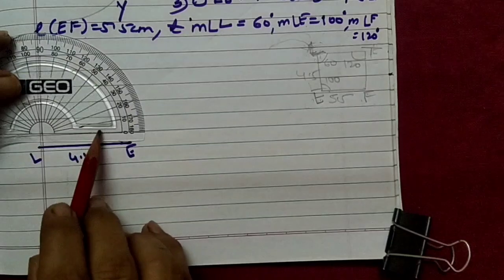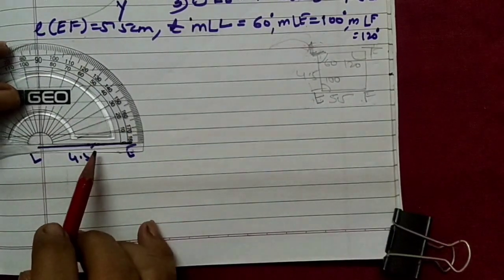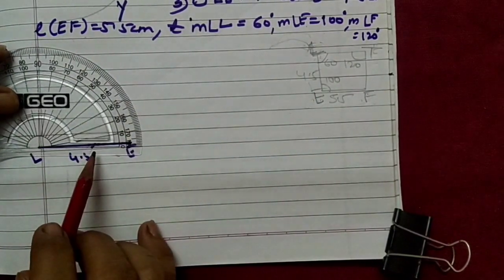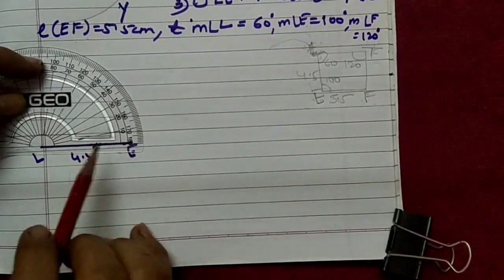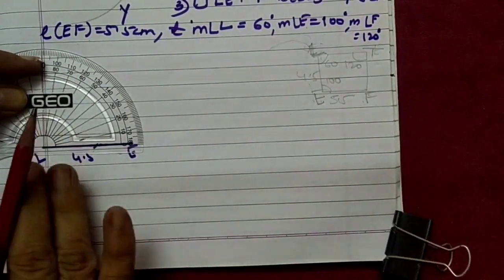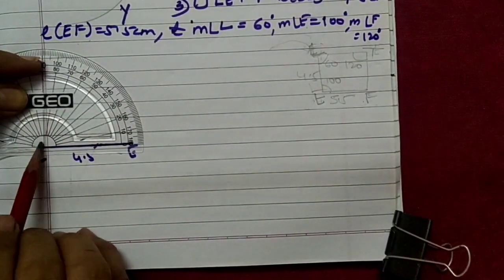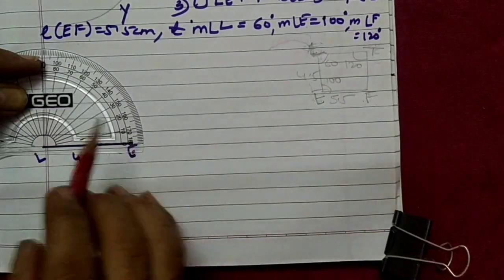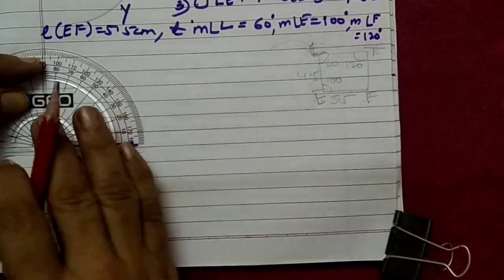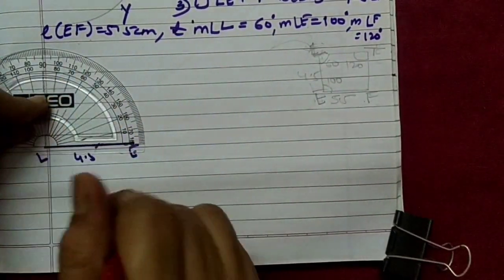This line should come above this segment. And I will start measuring now. From which zero should I start measuring? I'll start from this zero, not from this side. When I want to draw an angle over here, I will measure from my right side. When I want to draw an angle over here, I'll measure from the left side.